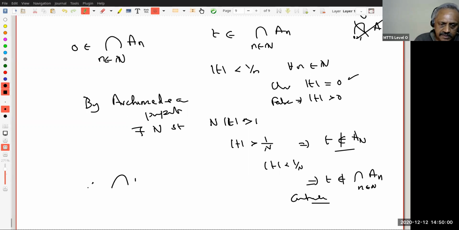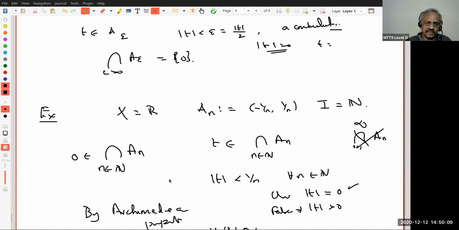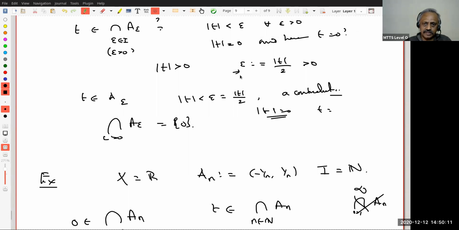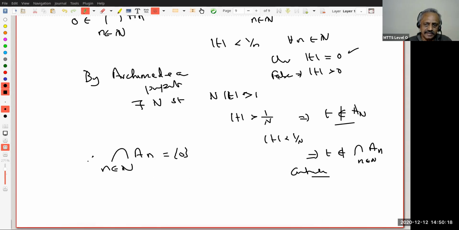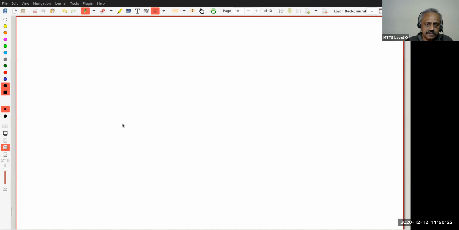Therefore, what do we conclude? The intersection of A_n, n in N, is again the singleton {0}. But to prove that, what did we need? We needed the Archimedean property. In the earlier case, what did we need? If epsilon mod t is positive, then mod t by 2 is also positive. These facts we needed to prove that.